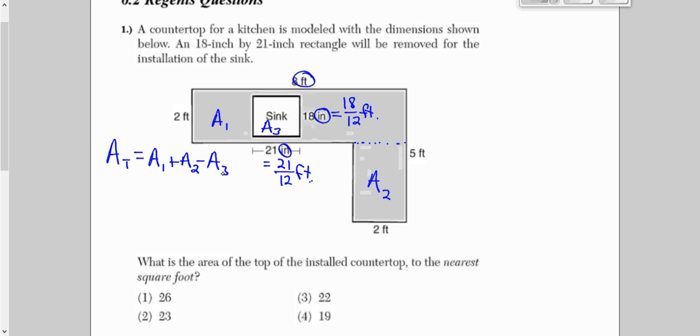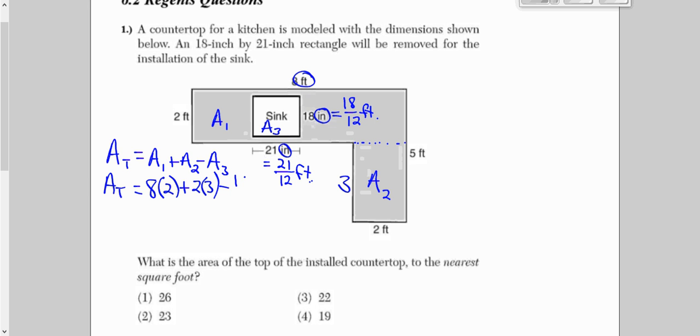So our total area, let's see. That's not 5 anymore. What's this? 3. Okay, so area 1 is what times what? 8 times 2, plus our area 2, which is 2 times 3, minus the sink.